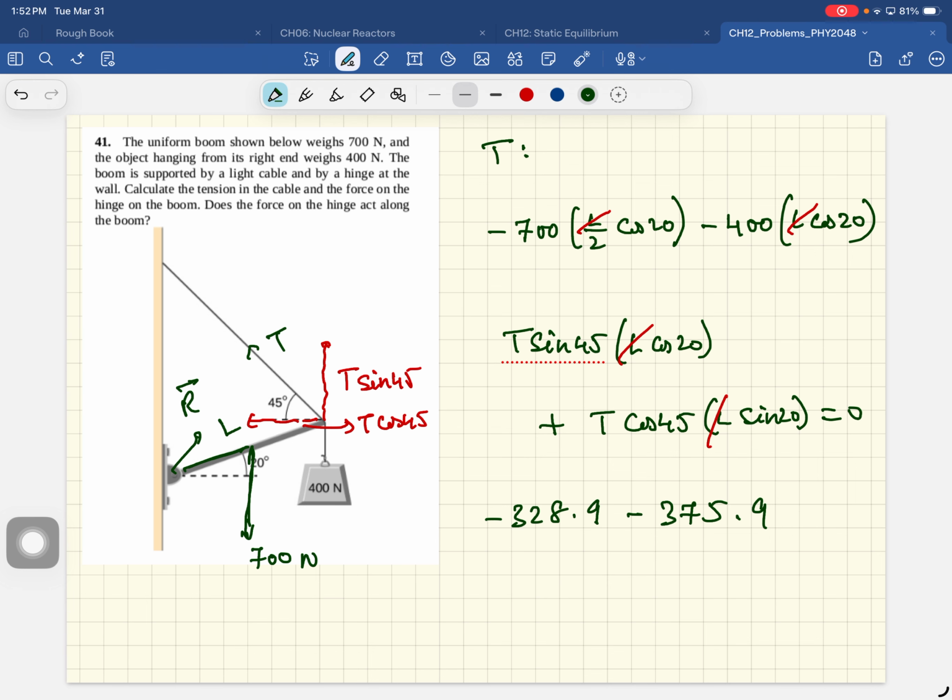So R, the x component is 553.7 i plus 546.3 j. And if you calculate the angle the R vector makes, that's tan inverse of Ry over Rx, 546.3 over 553.7.